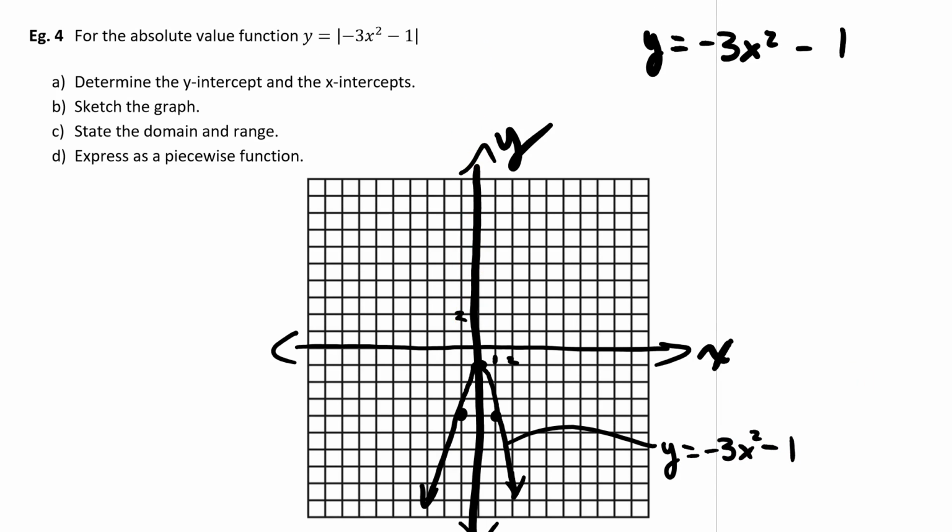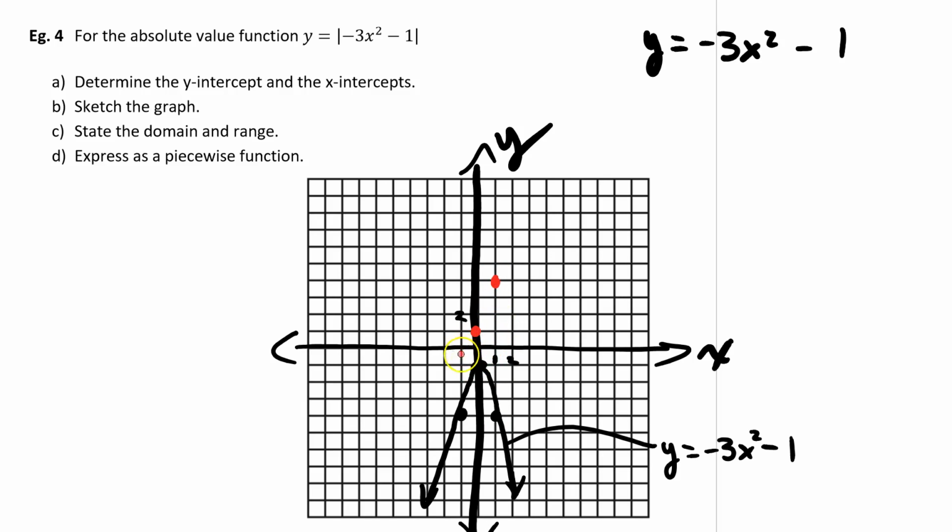So if we were to graph the absolute value of this, we wouldn't say that it's at 0, negative 1. We would say it's 0, 1, right there. And we wouldn't say it's at 1, negative 4. We would say 1, positive 4, like that.